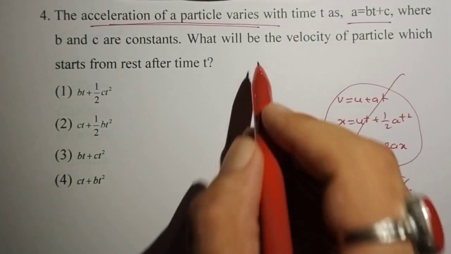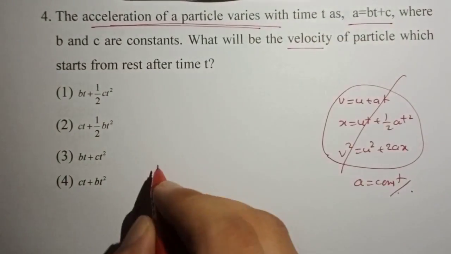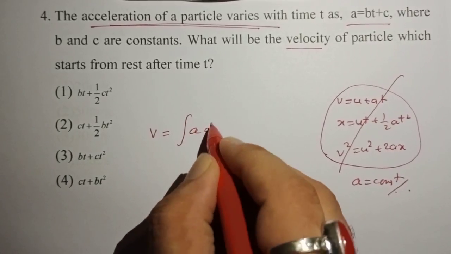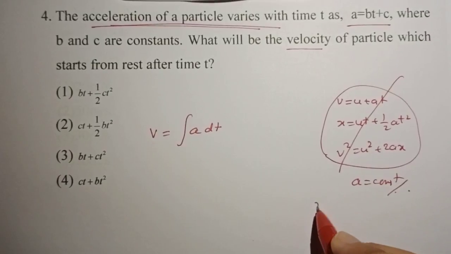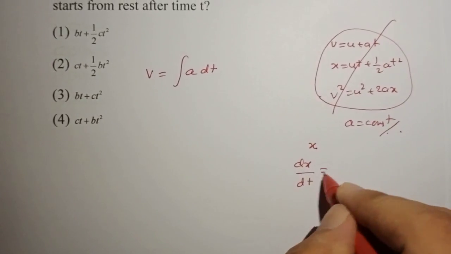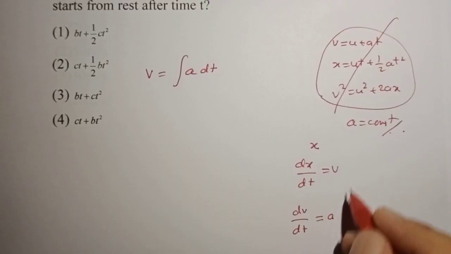So to find velocity, what should I do? We know that if you differentiate displacement with respect to time, you get velocity. If you differentiate velocity with respect to time, you get acceleration.